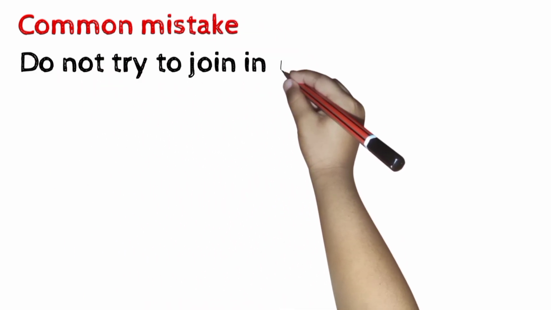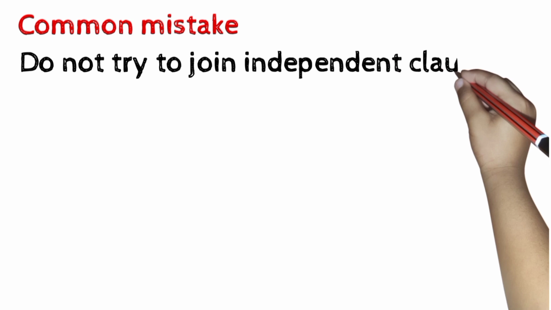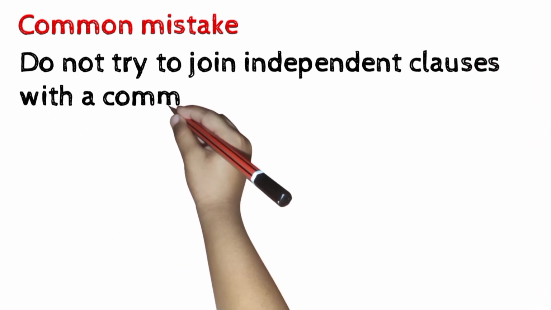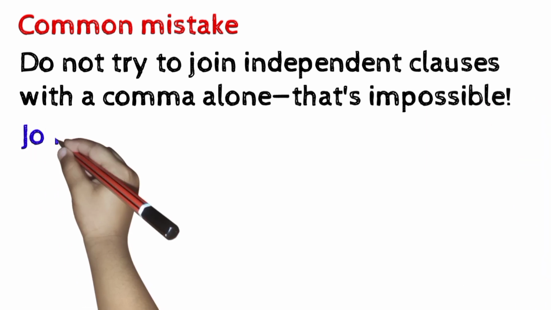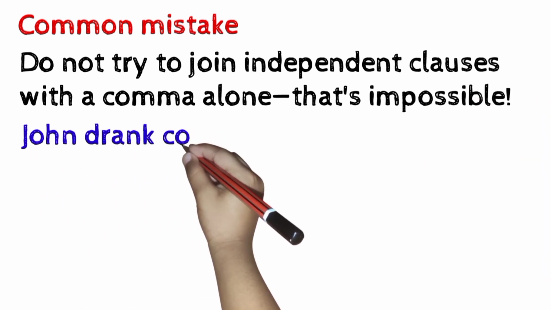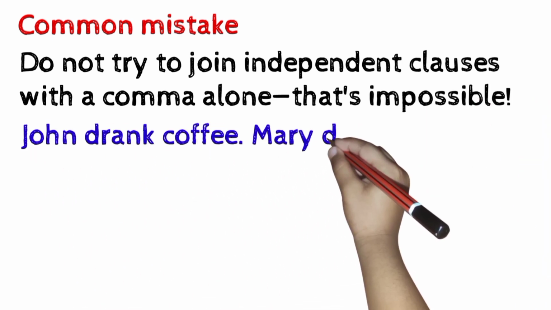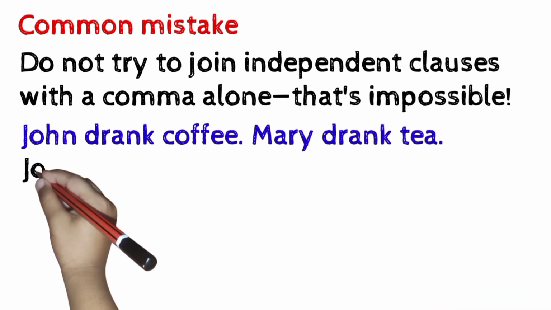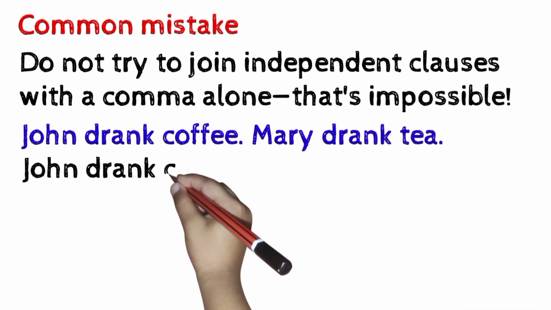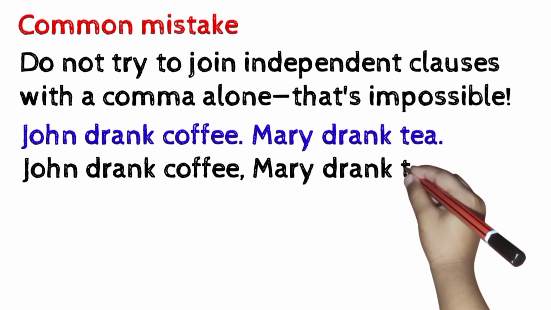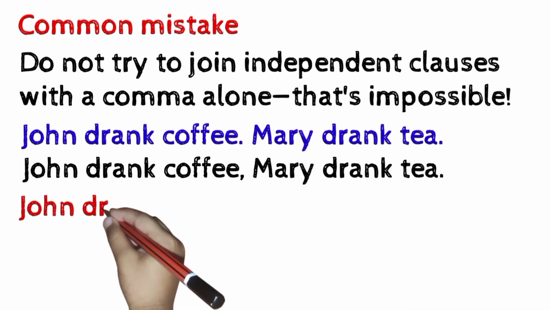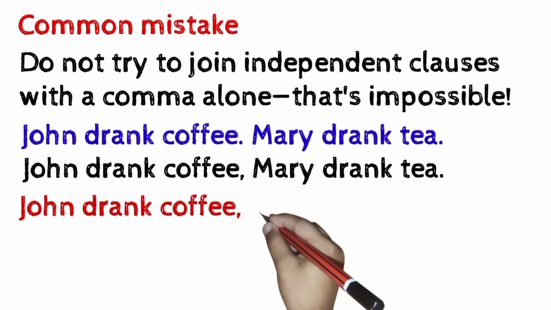There are common mistakes also made by learners: you never join independent clauses using a comma alone. That is impossible. Suppose you take two sentences, John drank coffee, Mary drank tea. You never join them as in the second instance, "John drank coffee, Mary drank tea."